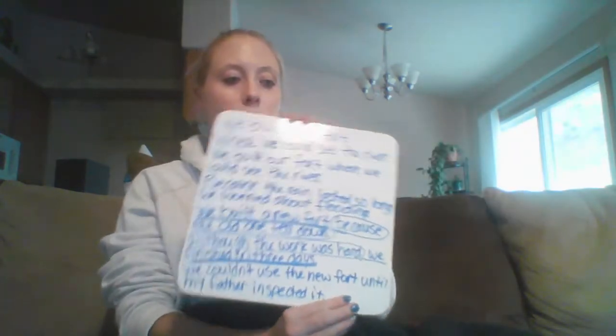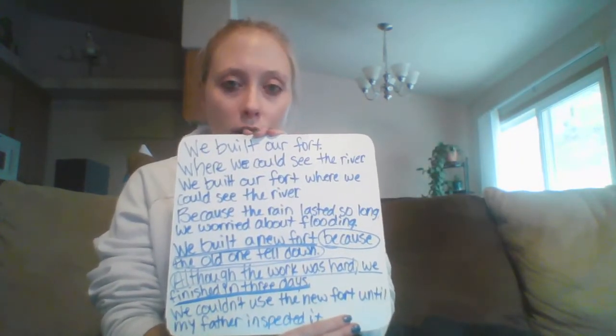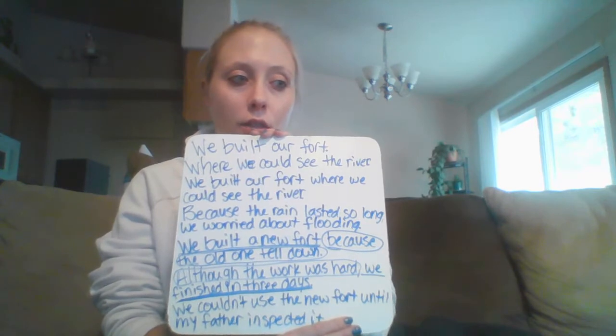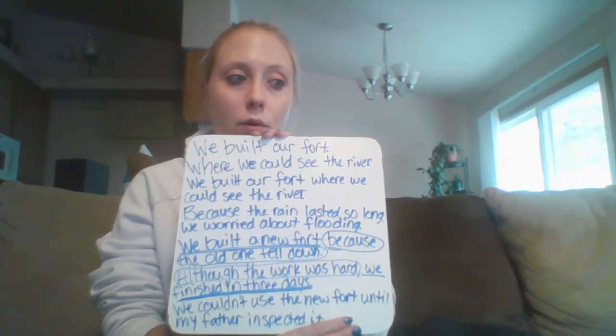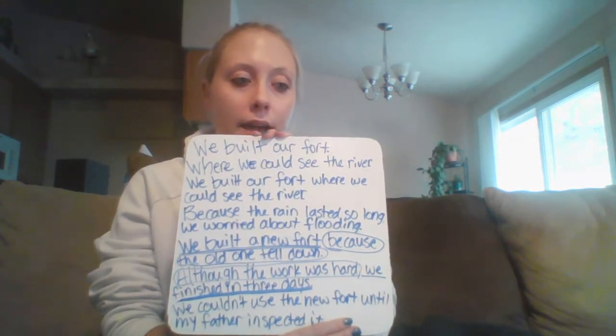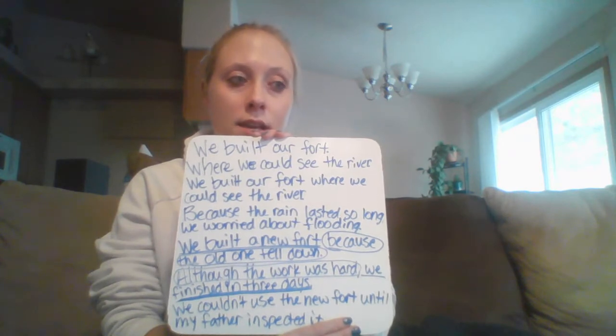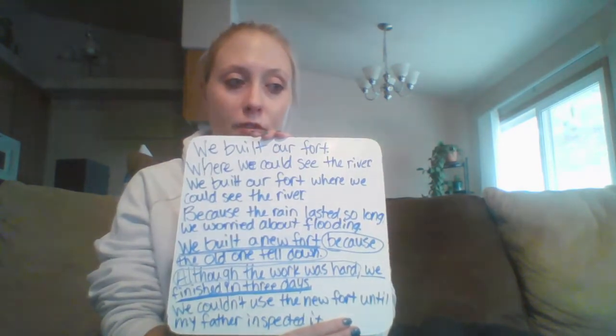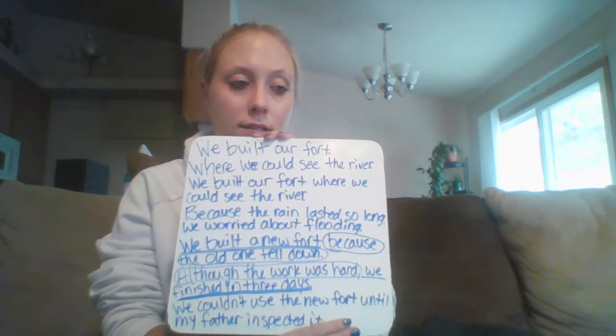Okay, so although the work was hard, we circled because although was in our example for dependent clause, and we finished in 3 days was underlined for our independent clause.